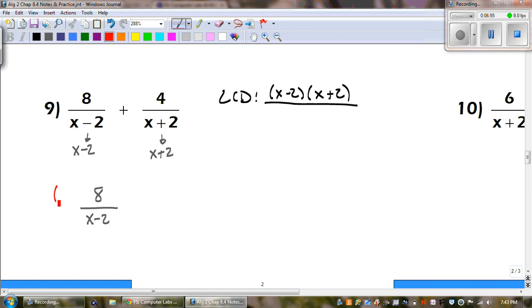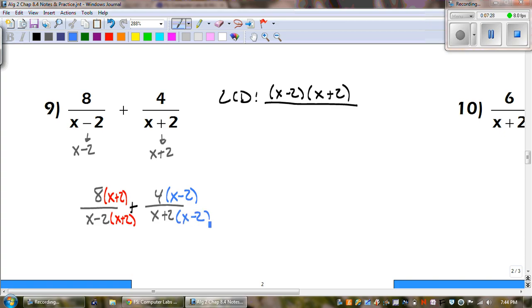What that one is missing is x plus 2. And then we have plus, and on the fraction on the right, what it's missing is the x minus 2.